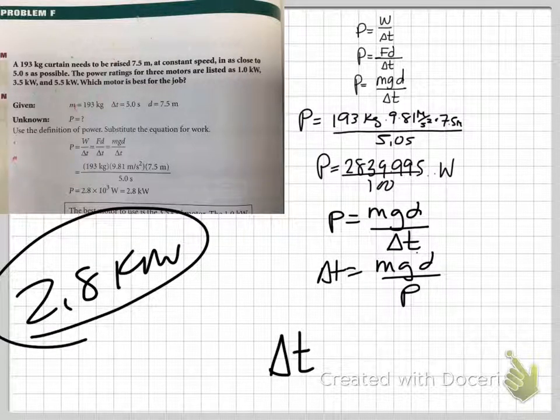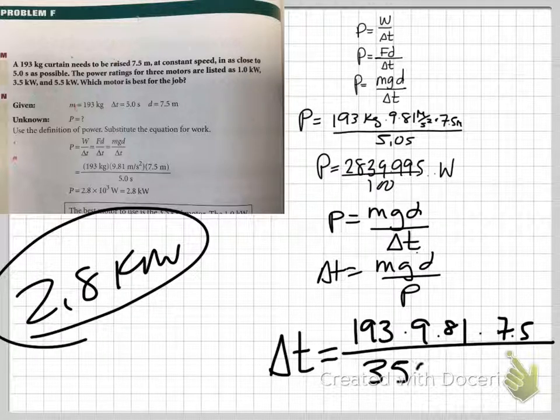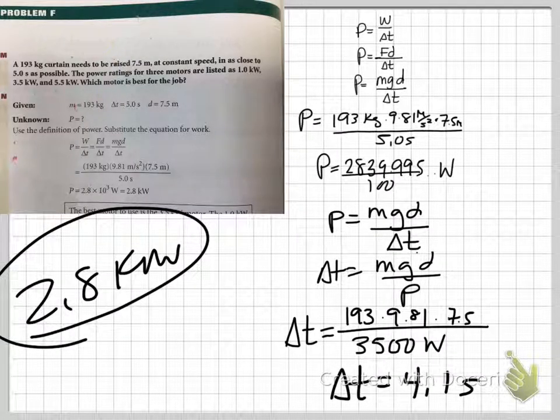So delta T equals 193 times 9.81 times 7.5. And I got really sloppy, obviously. And the power available in my motor is 3,500 watts. Okay, so that 3.5 kilowatt motor is going to get it there in 4.1 seconds.